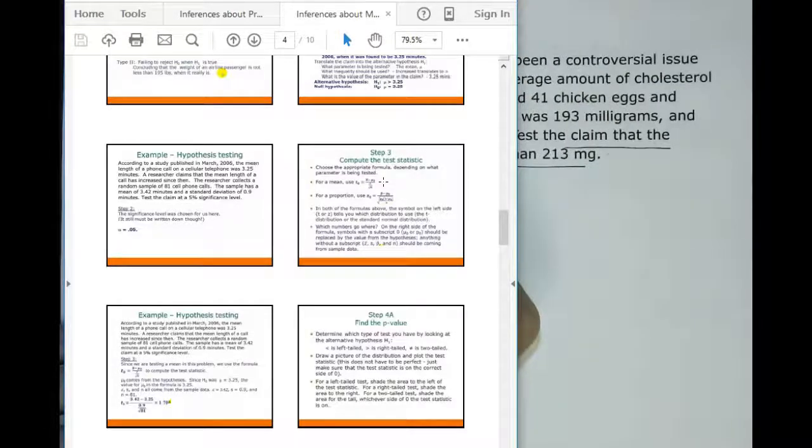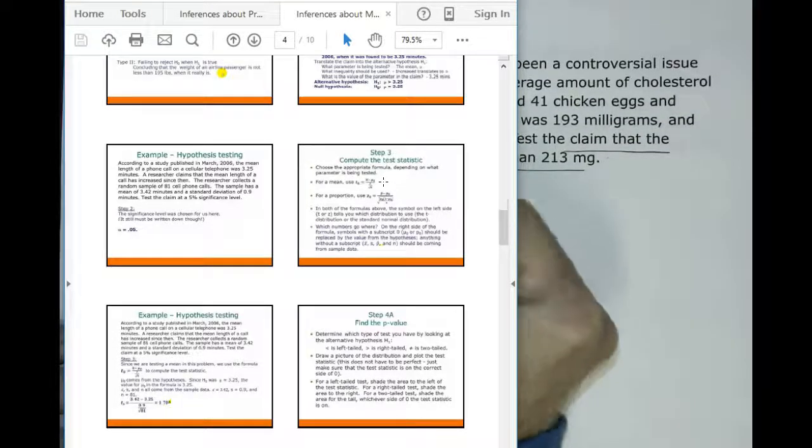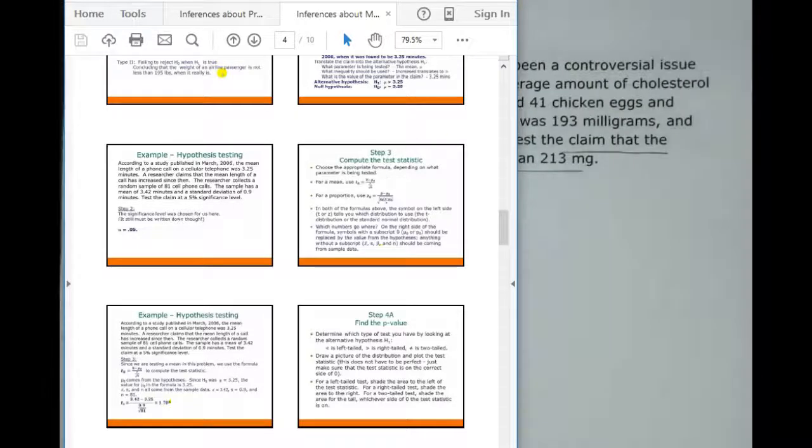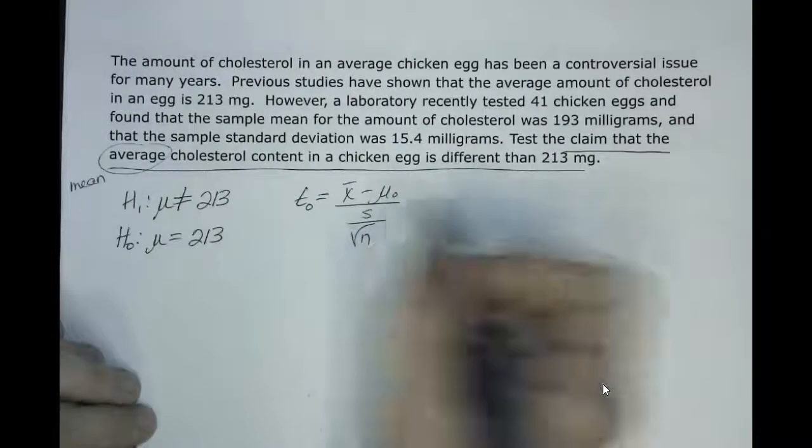And on this one, again, you want to write down the letter as well as the rest of the formula. So this is x bar minus mu 0 over s over the square root of n.